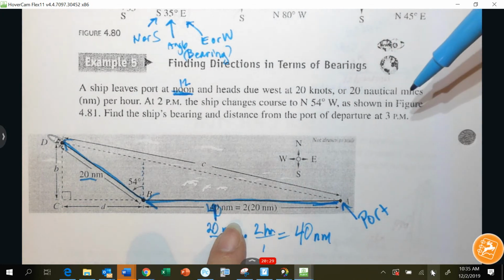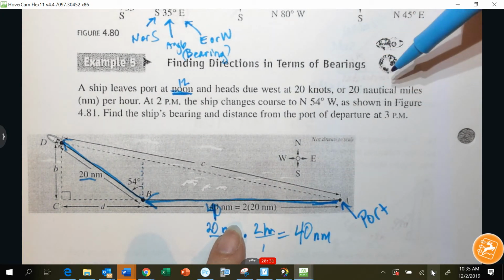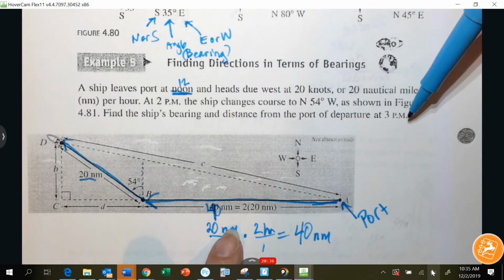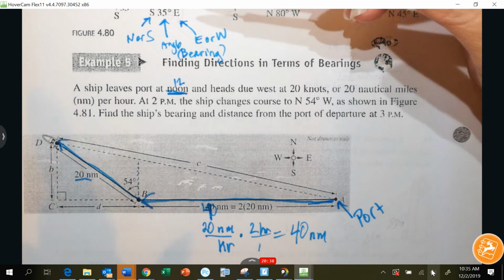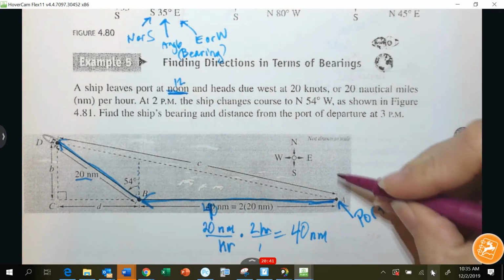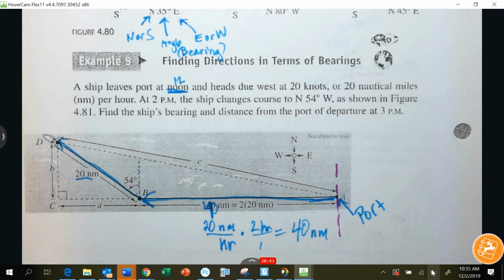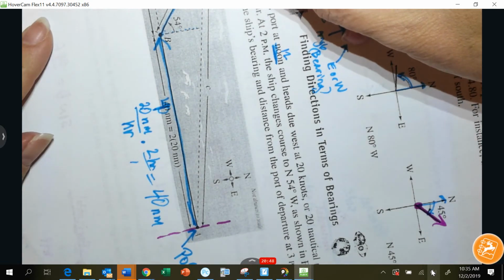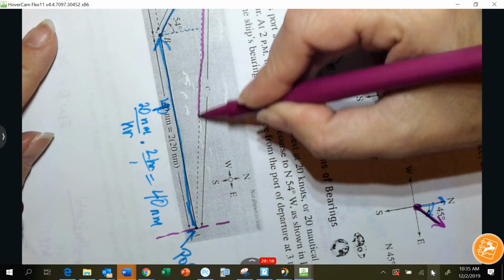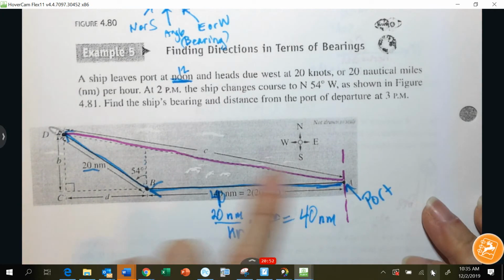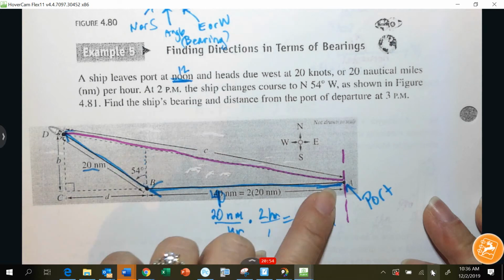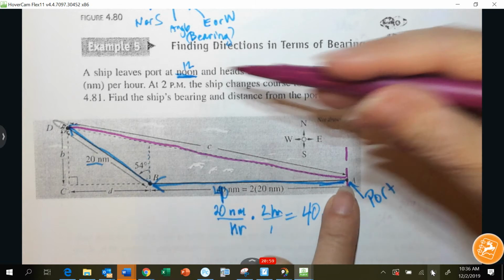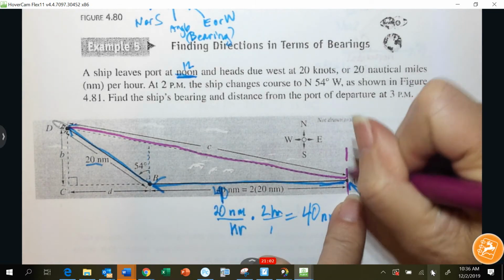We have to find the ship's bearing and the ship's distance from port of departure. So we have to find if this now is where we're going the bearing from. And this side right here is where the ship traveled straight. It didn't travel straight, but what we're trying to find is if it had traveled straight, what degrees?